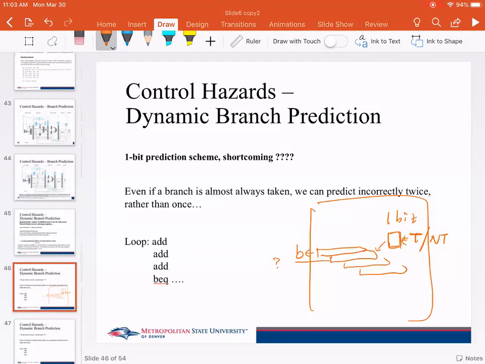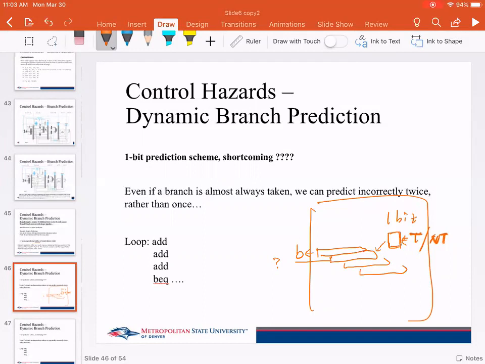So the branch prediction buffer contains a binary value to indicate the branch is predicted to be taken or not taken. The TNT here means taken, not taken.